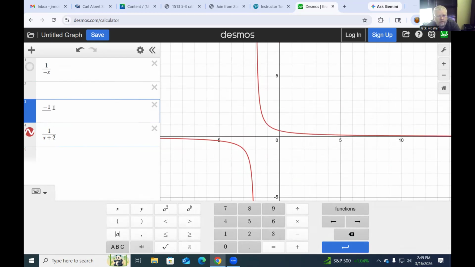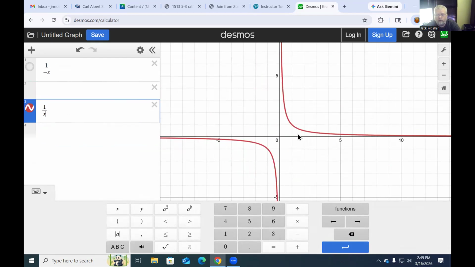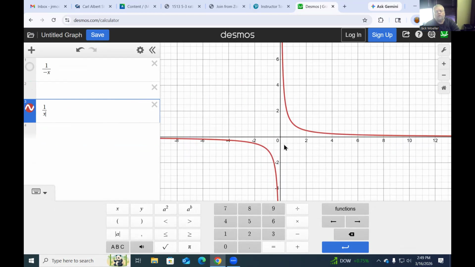But when you're doing transformations, remember your core that you're transforming is 1 over x. Does the vertical asymptote move left or right? Does the horizontal asymptote move up or down? And are you flipping it?